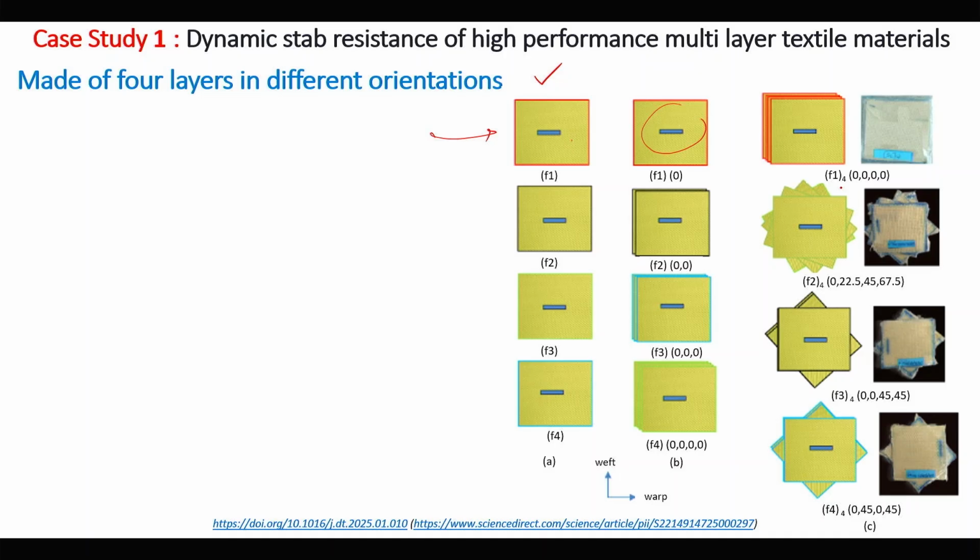F1 4 means it is a 4 layer fabric, with 0 0 0 0, that is, all the fabrics are of the same direction, the same fabric overlapped. Next, the F2 fabric, here 2 fabrics F2 0 0, so 2 layers, and F2 4 is the 4 layer.